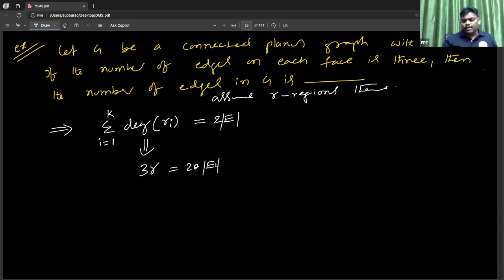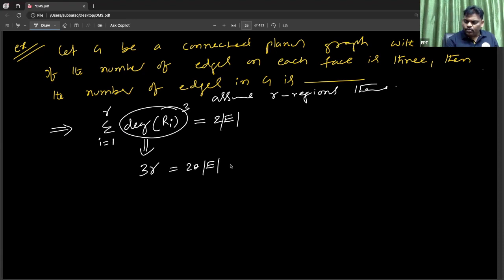It is the degree of a region, not of a vertex. If 5 regions are there, every region has degree 3, 5 times. Assume R regions are there. If you want, you can keep R also. I don't have any problem. Use whatever notation you like, because if I use the same R's you may be confused. Region Ri, like that R regions are there. Degree of R1 is 3, degree of R2 is 3, and so on, R times.